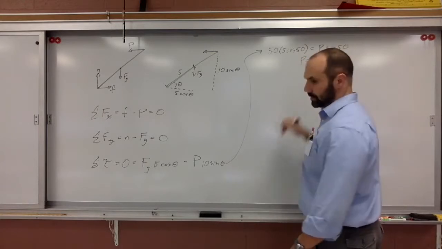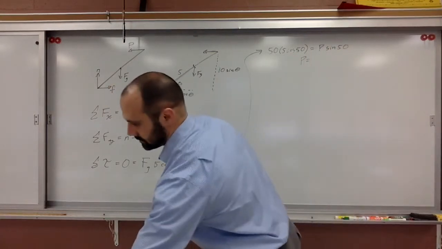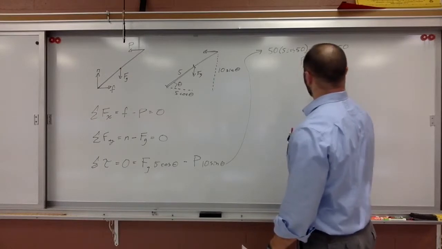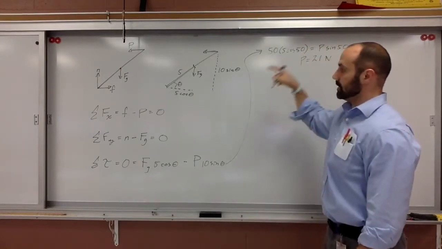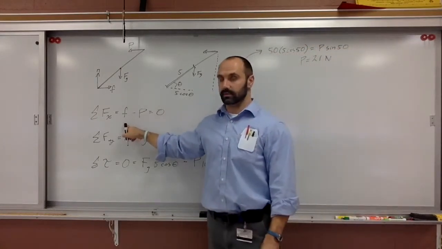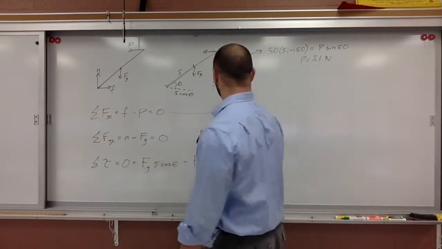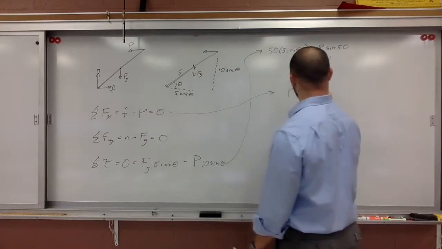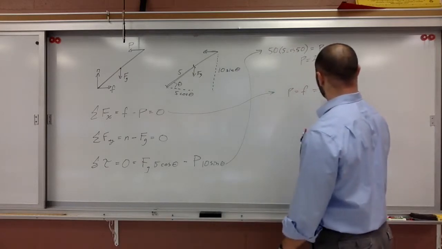When you solve for P, you get 21 Newtons. Once I know this, now I can find what the friction force is. So now I come over here, and P is equal to that friction force, so that's 21 Newtons.